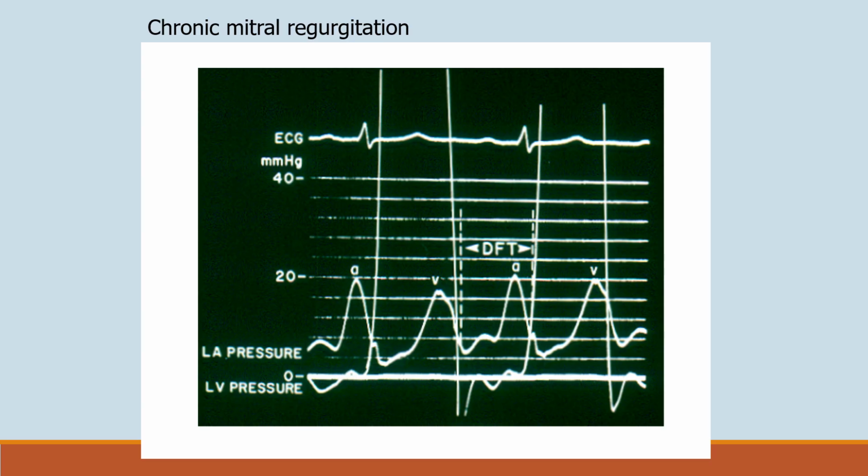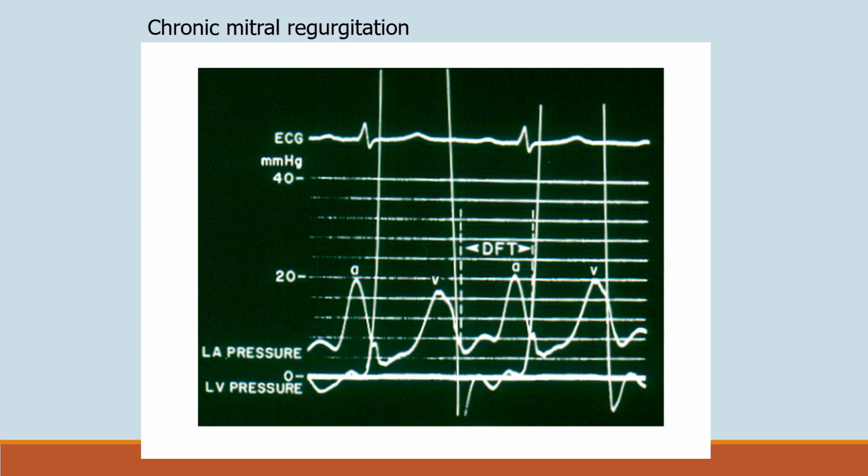So what happens to the pressure in the left atrium? Let's go back to the details of normal left atrial pressure. Like the right atrial, as we have learned in physiology, the atrial tracing has two waves, what you call the A wave and the V wave. The A is due to contraction of the atrium after the P wave of the EKG.